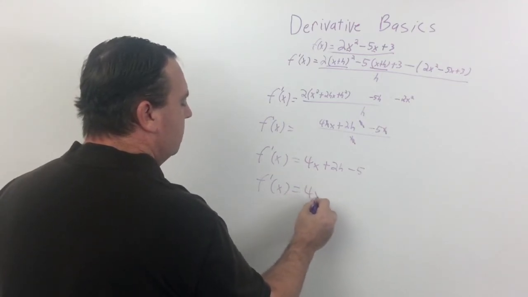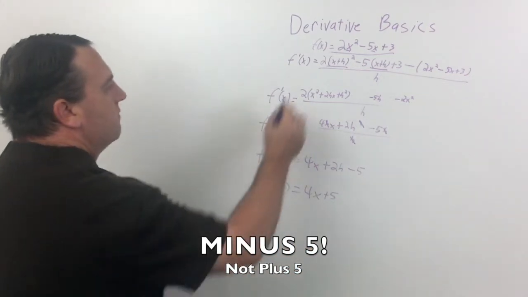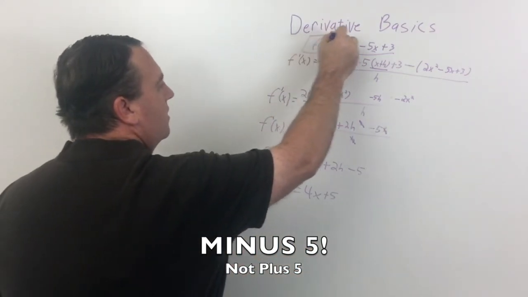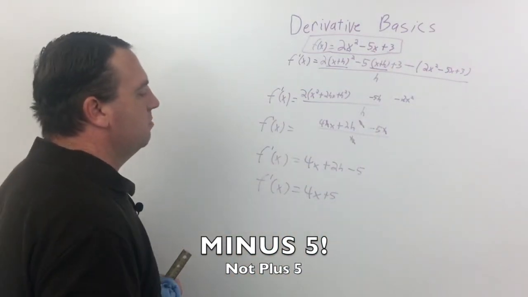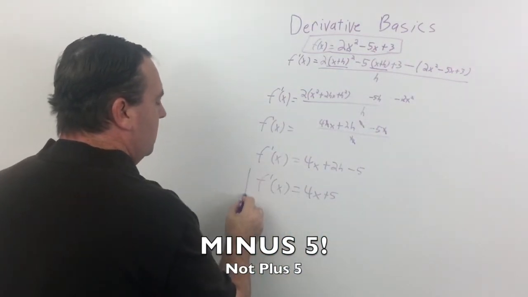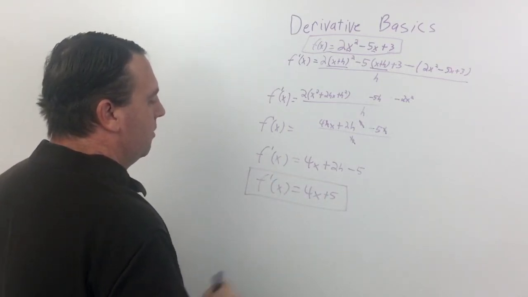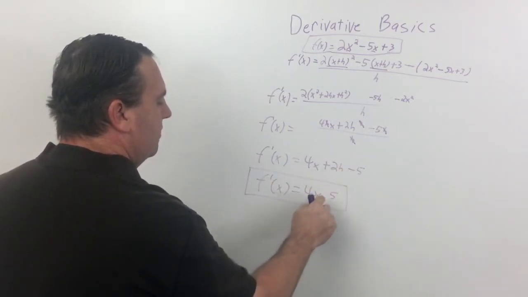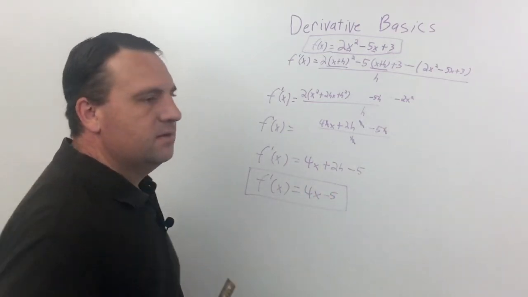So that just becomes 4x minus 5. So for this equation, f of x equals 2x squared minus 5x plus 3, the derivative is 4x minus 5.